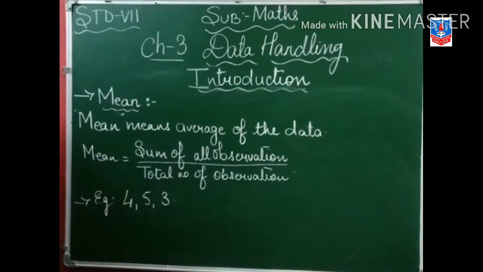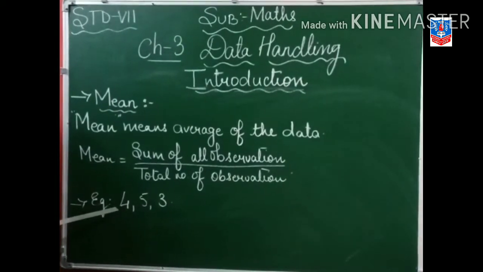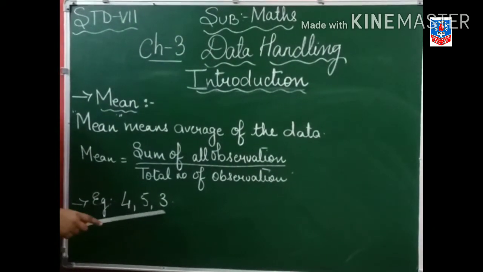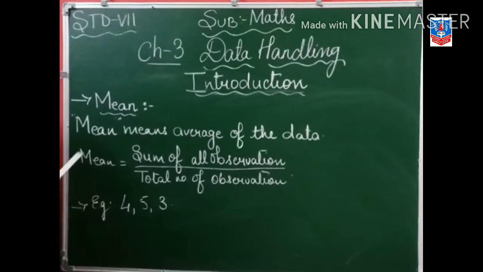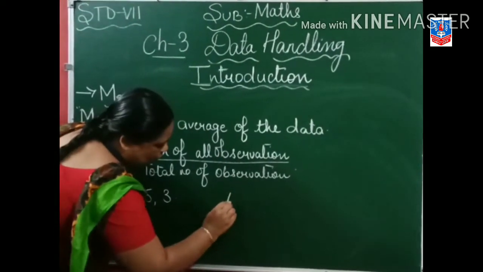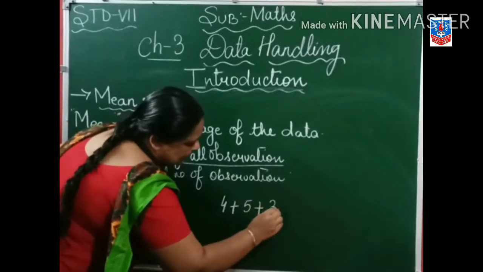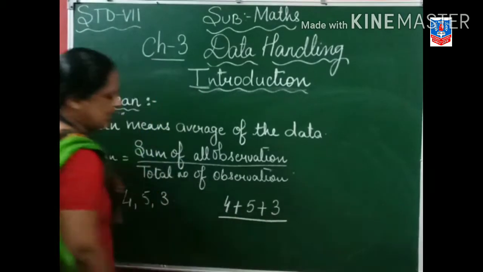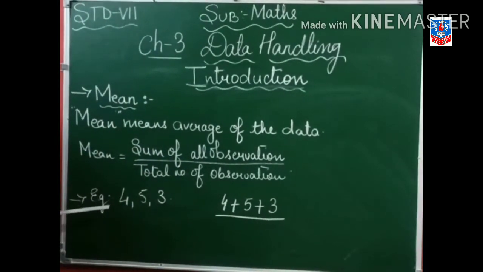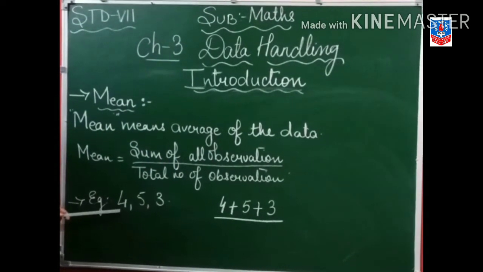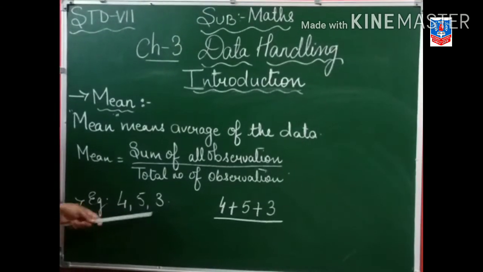Now let us learn this with the help of an example. See, 4, 5, 3. Now sum of all observations. That means you will add 4 plus 5 plus 3, divided by number of observations. Now see, how many observations are here? 1, 2, 3.